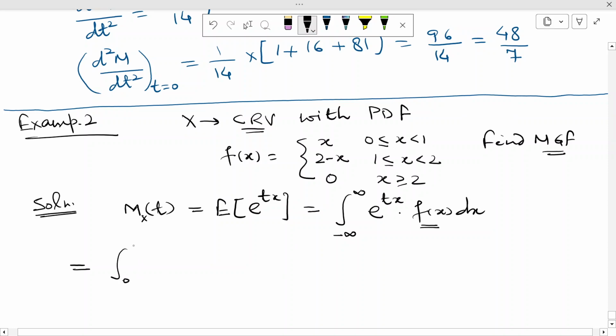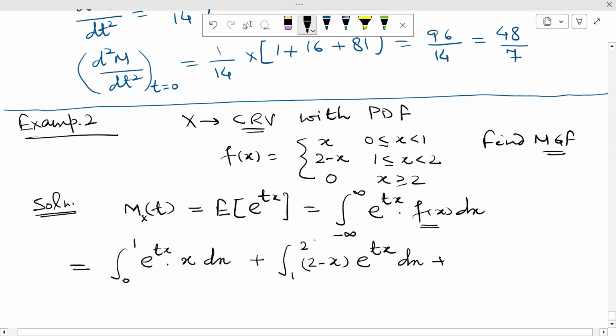So our first interval is 0 to 1, and here we are having e to the power tx, and f(x) is our x. So this can be written as the integral of e to the power tx into x dx, plus next we are having 1 to 2, where we have f(x) defined as 2 minus x, and of course e to the power tx dx.